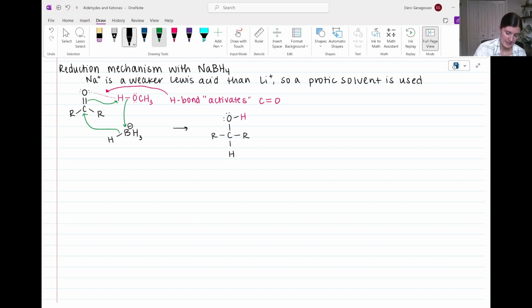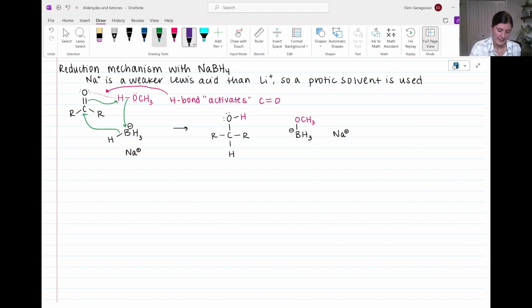Then we have boron still bonded to 3 hydrogens, and is now also bonded to the oxygen and the rest of the solvent molecule, the CH3 in this case. So boron still has a negative charge, and we have the sodium as a counter ion that was also present in the beginning.